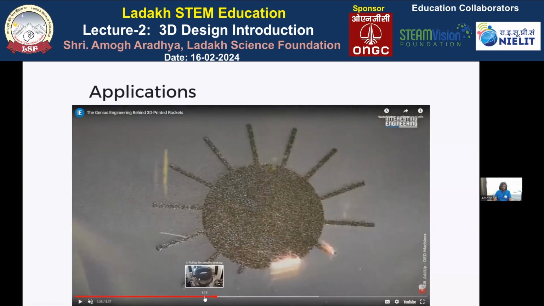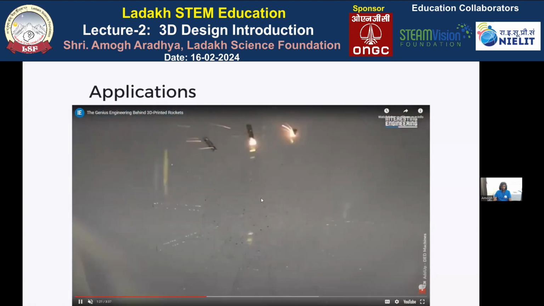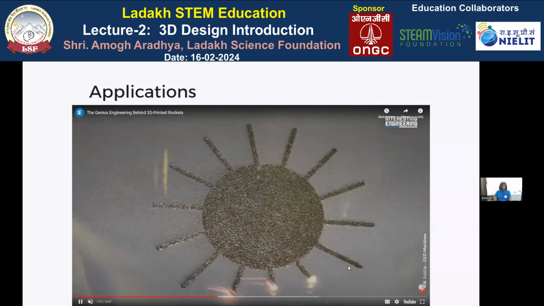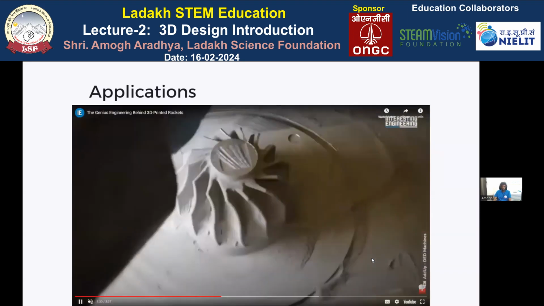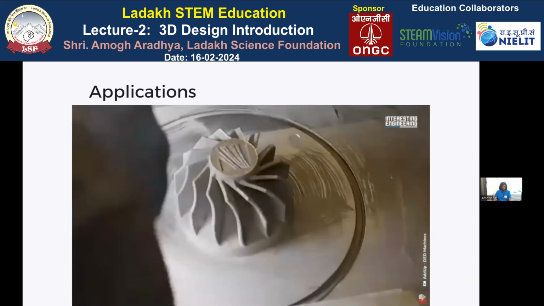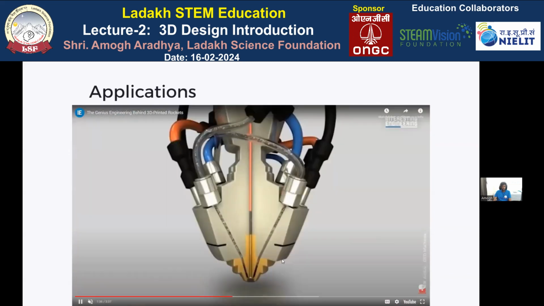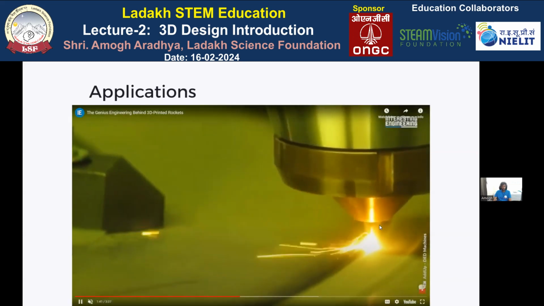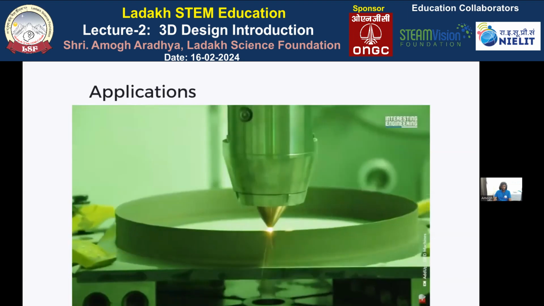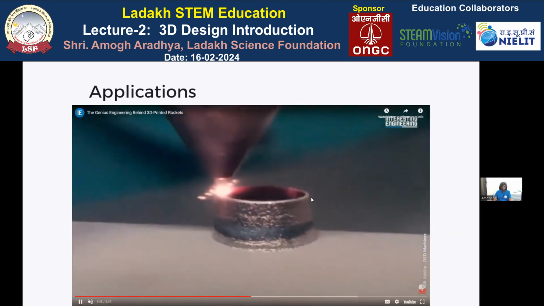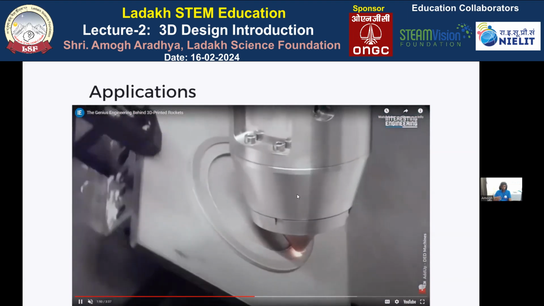This is how SLS printing works, selective laser sintering. A laser is being shone on the particles. This is the nozzle of this 3D printing mechanism, and it is melting and welding the metal onto the layers.